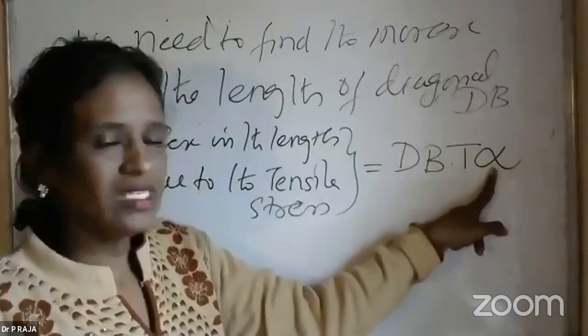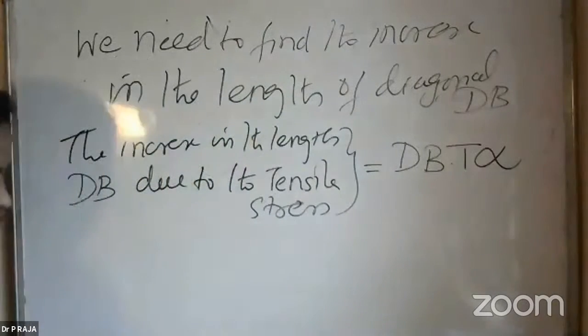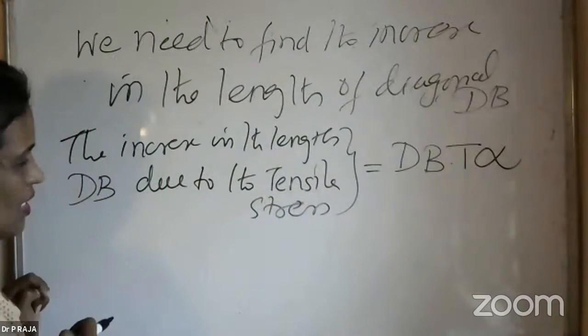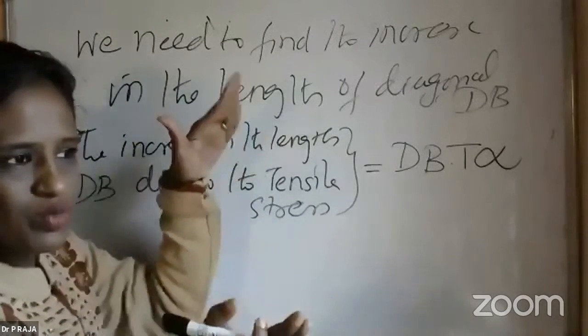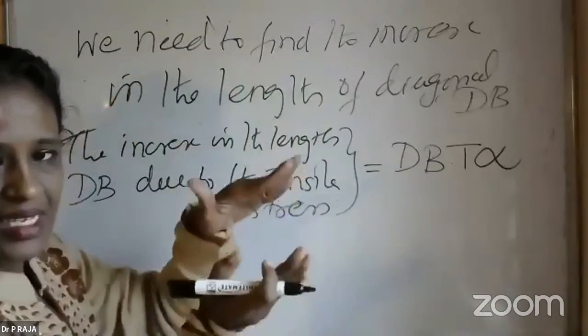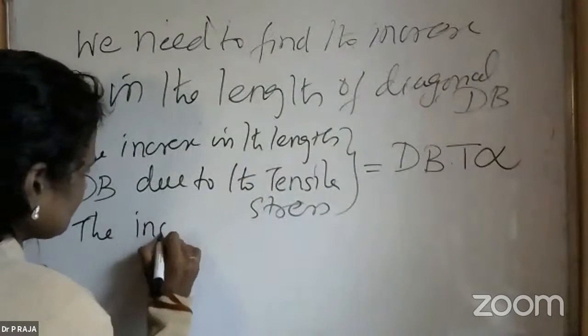Now the linear strain T alpha has to be added. And also we have to write the increase in the length due to the compressive force, which again produces an increase in the length.